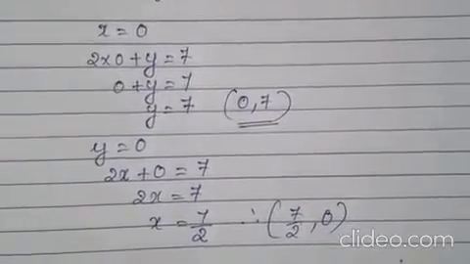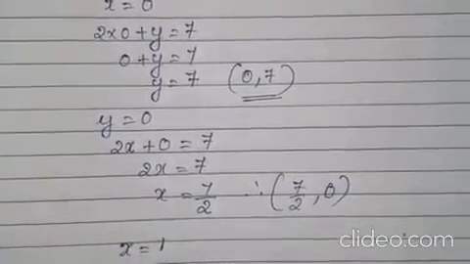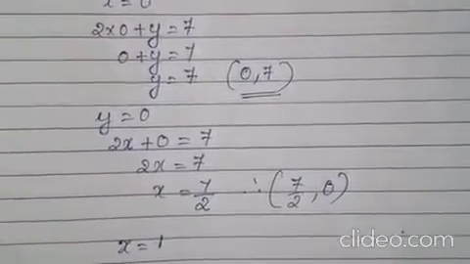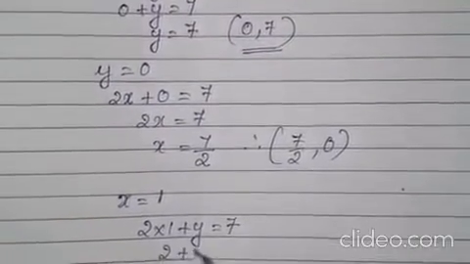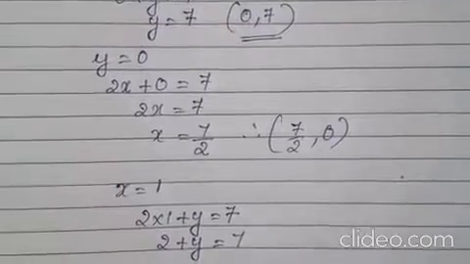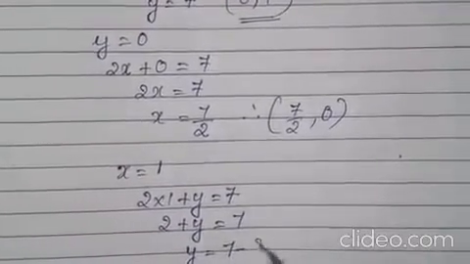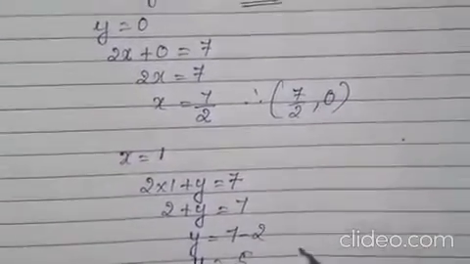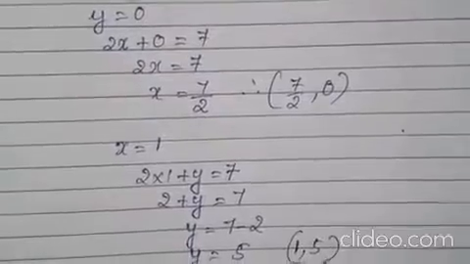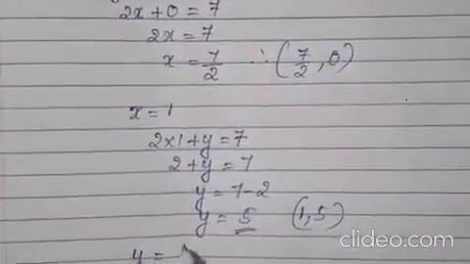Then we got two solutions. Then we substitute x = 1. Then 2 into 1 plus y equals 7. 2 + y = 7, y = 7 minus 2, so y = 5. Then we got (1, 5) as a solution of the equation. Then substitute y = 1.